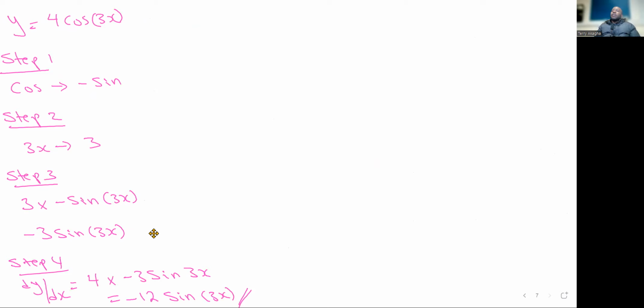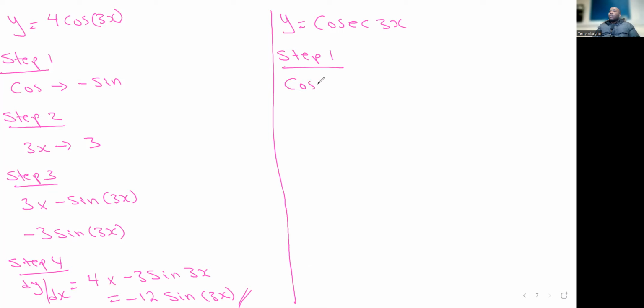Okay? So if there is a constant, you have to add one more step. All right, so let me add one more as well and see how far we can go. So if we have y is equal to cosec 3x, or cosec 3x squared, depending. Let's work with cosec 3x. So step 1, the first thing you have to do is convert cosec.